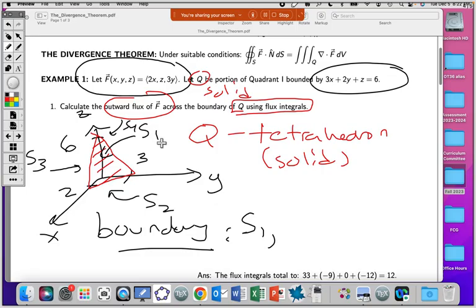Yeah, no worries. So we have to think one dimension up, because to be fair, that's what we were talking about yesterday, but we're one dimension up. So Q is this solid. It's a tetrahedron. It's the portion of quadrant 1 that's cut off by this plane. Okay.